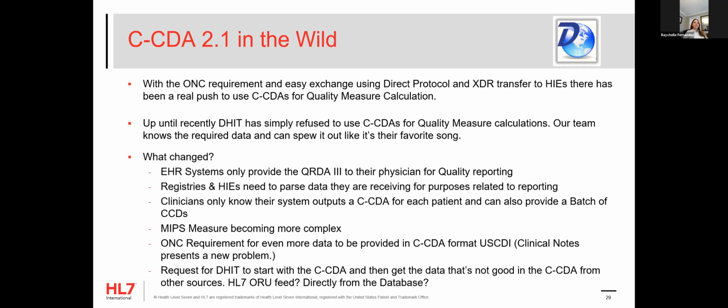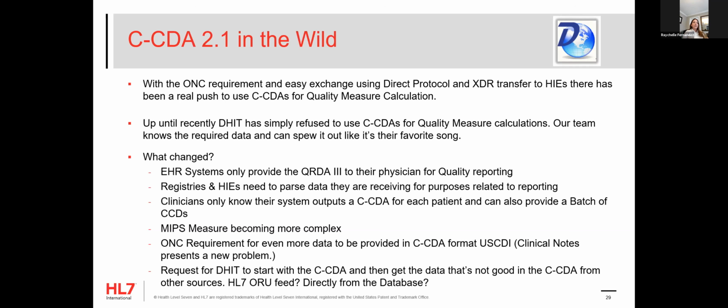So with ONC's newest push to put more data in the CCDA, get the clinical notes out, create more documents, there are more ways to get the data: a discharge summary or a progress note, or any of the new documents, not new in the EHR world, but new in creating a standard document.